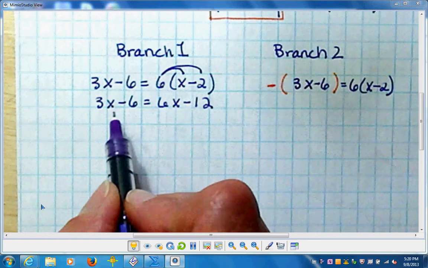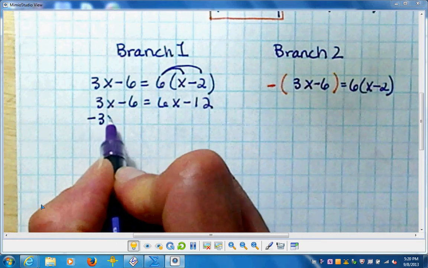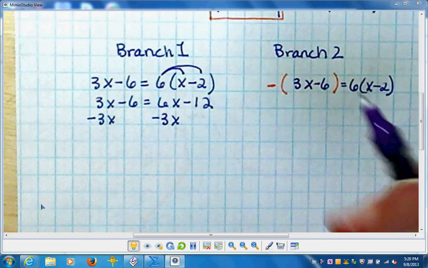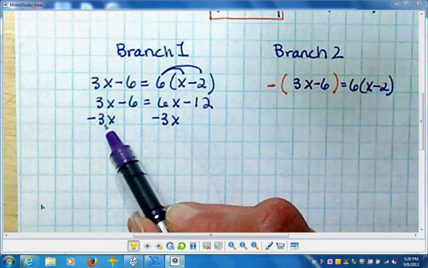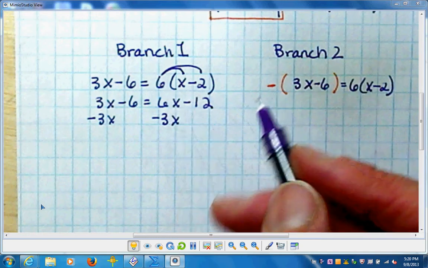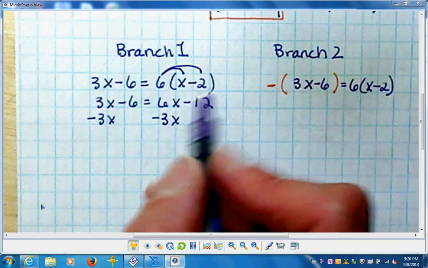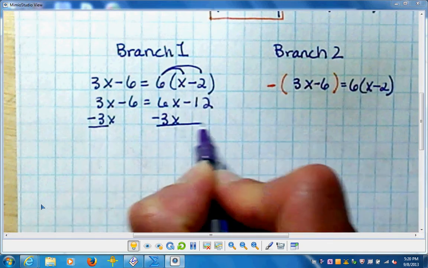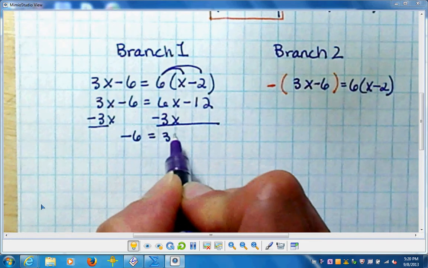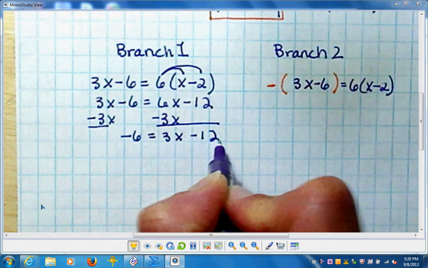Now I'm going to subtract 3x from both sides. I planned ahead on that, and I saw that if I were to subtract 3x on both sides, that's going to give me a positive x value on this side. That's why I chose to go that direction. So bring this down. I have a negative 6 is equal to 3x minus 12.